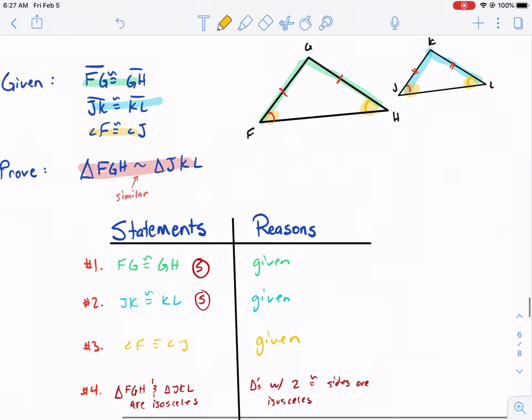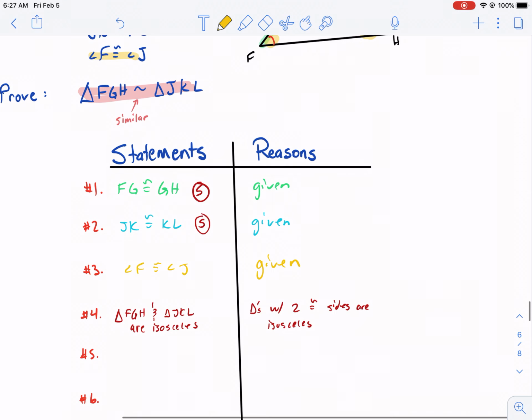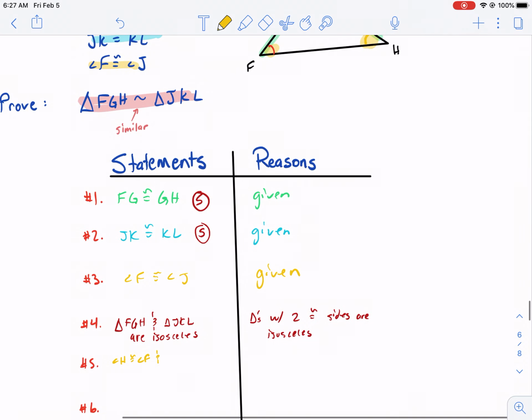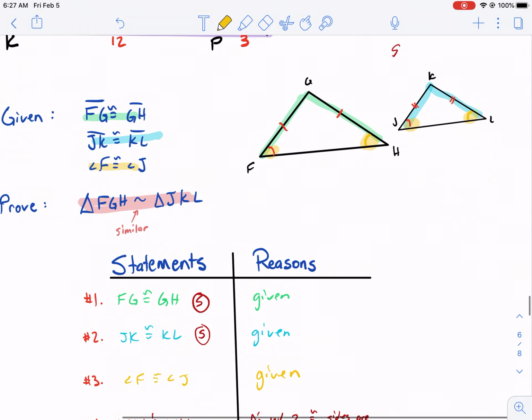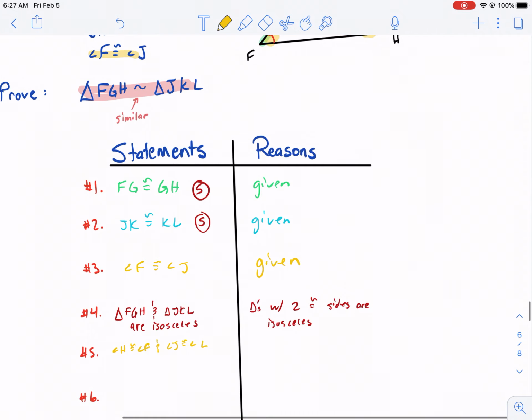We're going to say angle H is congruent to angle F, and angle J is congruent to angle L. Why is that?